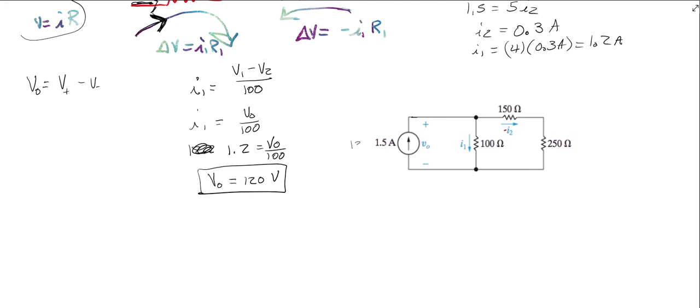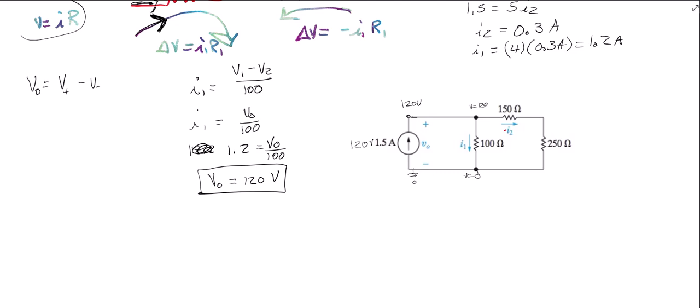We know this is 120 volts right here. If I call this ground, so if I measure things relative to ground, then the bottom is 0 and the top is 120 volts. It's also true here: the voltage would be 0 there, and 120 there.